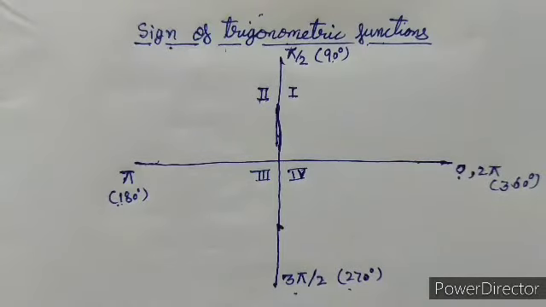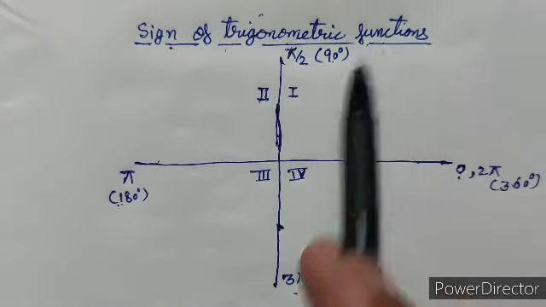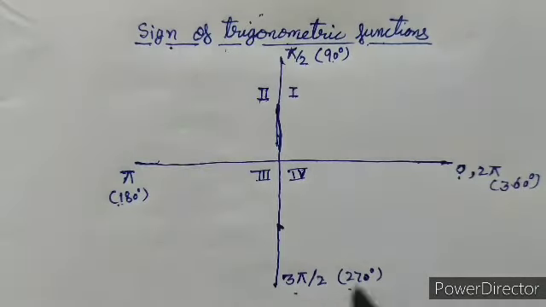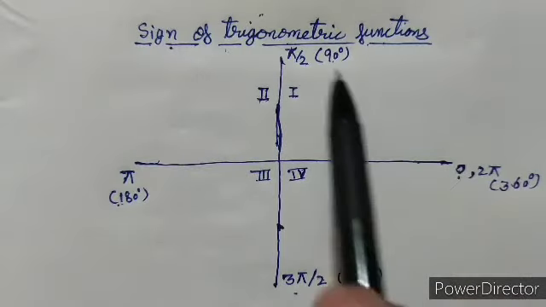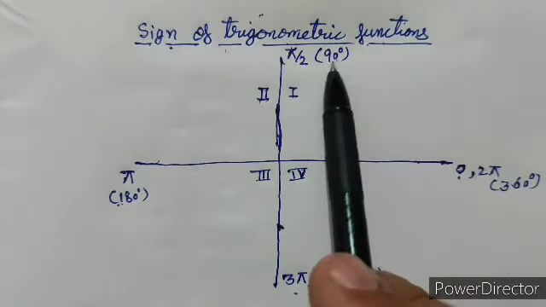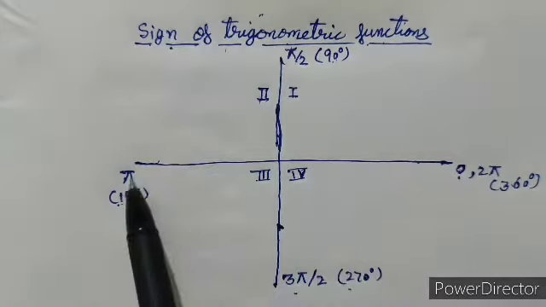In exercise 3.2, we will study about sign of trigonometric functions in different quadrants. Now, for a complete revolution, the angles from 0 degree to pi by 2 or angles between 0 degree to 90 degree will come in first quadrant. Angles between pi by 2 to pi or from 90 degree to 180 degree will be in second quadrant.